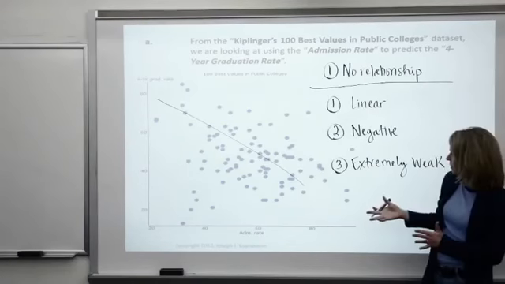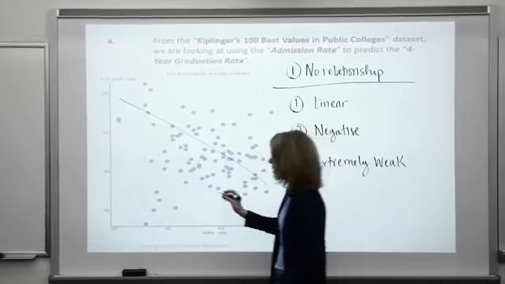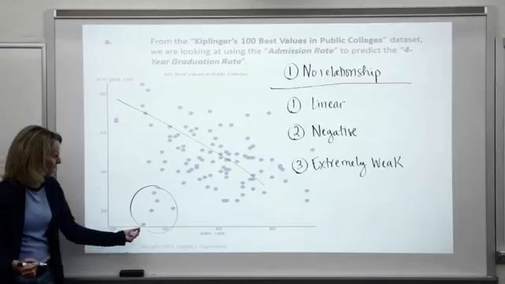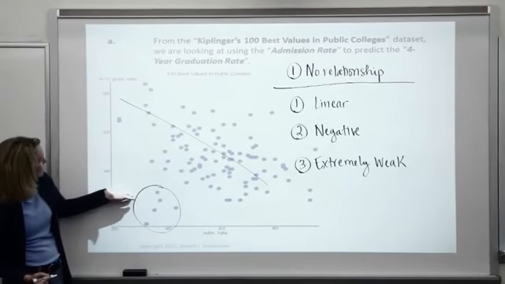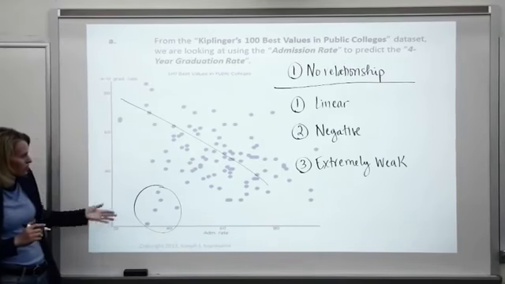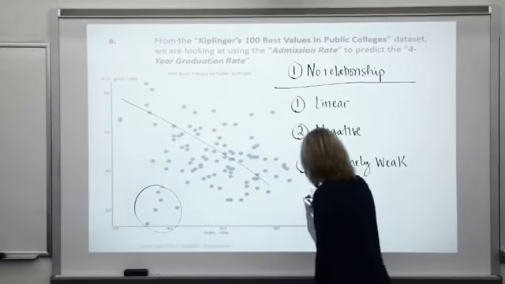And if we call this a negative, linear, extremely weak relationship, we may then point out that there were a couple of points down here that had lower admission rates and lower graduation rates that didn't quite fit the pattern of the rest of the points. So we might point out that potentially those are outliers.